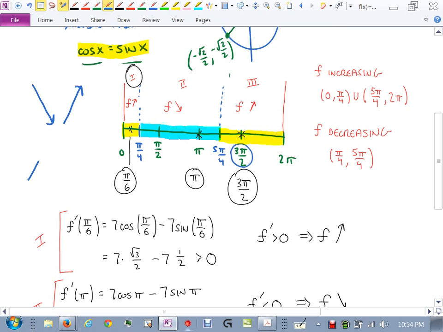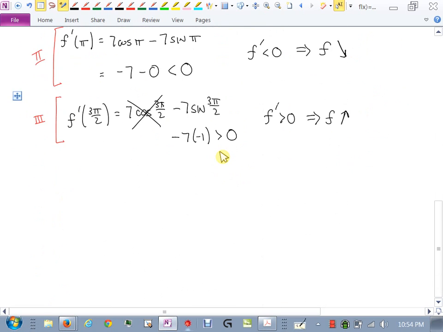For maximums, it'll have to go from increasing to decreasing. So let's start with this right here. I actually do have that happening here. I go from decreasing to increasing, and that's happening at 5 pi over 4. And my original function is defined at 5 pi over 4. My derivative there is 0, so I do know that that point does exist on my graph. So I should have a local minimum there.